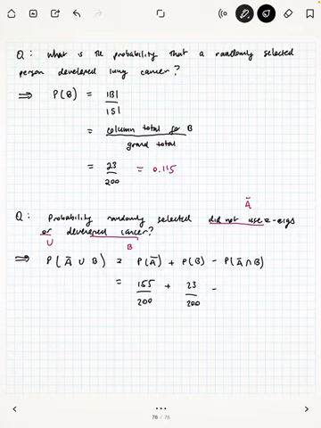So since we're looking at A bar B, that's going to be the 4 over 200, which is 155 plus 23 minus 4 gives us 26.